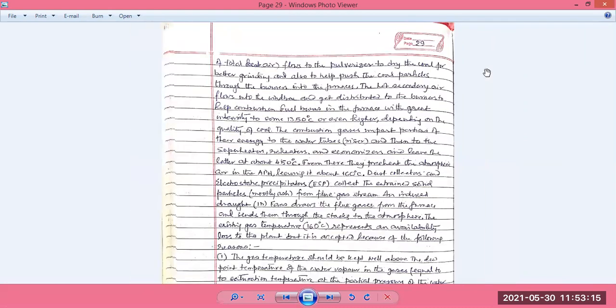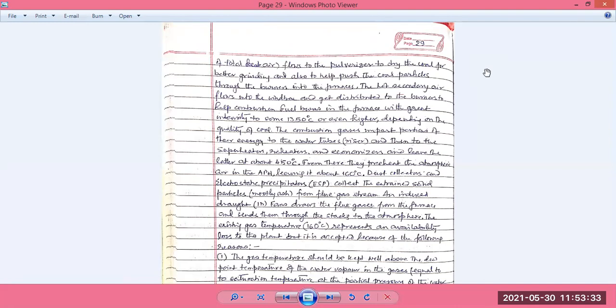Now, what we are doing is preheating the air so that it ensures the drying of the fuel and proper, quick burning of the fuel itself.